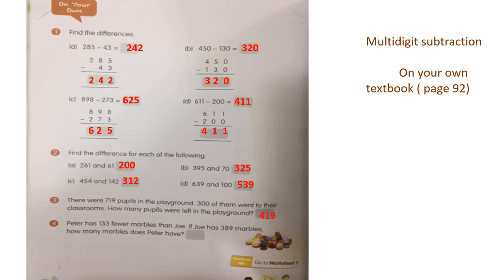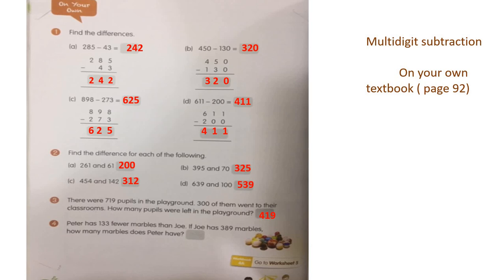Okay, here, Peter has 133 fewer marbles than Joe. So if Joe has 389 marbles, how many marbles does Peter have? Okay, now I have the bigger number, so Joe has 389 marbles, but Peter has 133 fewer.